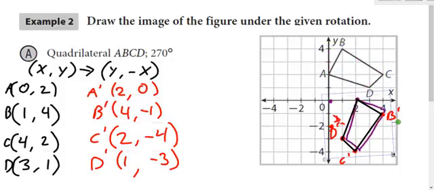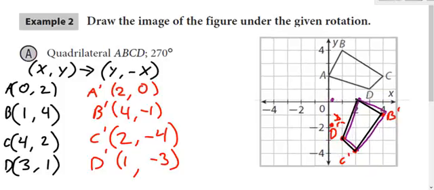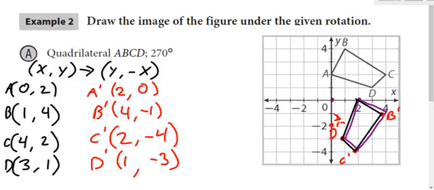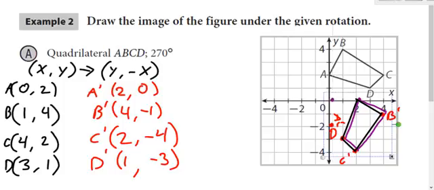But around the origin means I got to put the origin back where it was. Like over rotate it a little bit. If I can grab it, there it is. You can see that it does match up. So it's a little bit difficult to kind of show, but you could also turn your paper 270 degrees, 3/4 of a turn, and it would match up. It will look pretty similar.